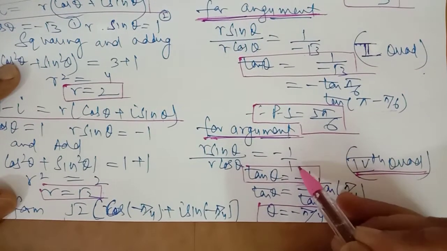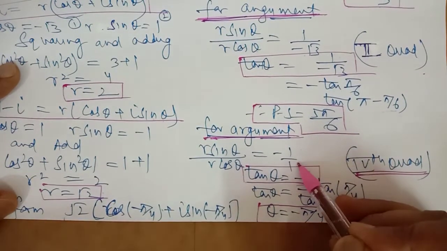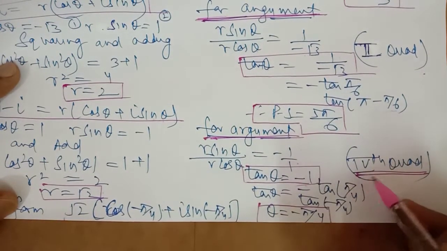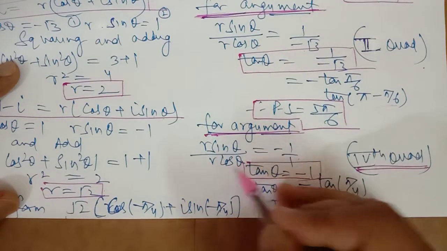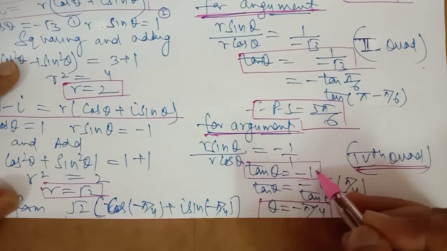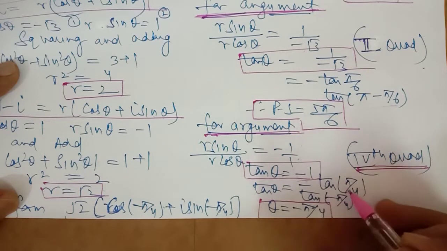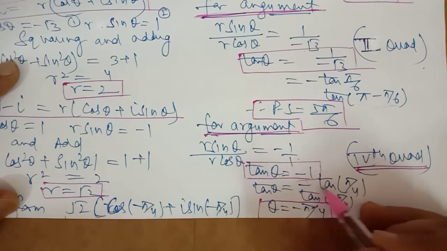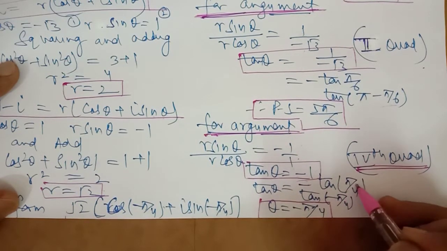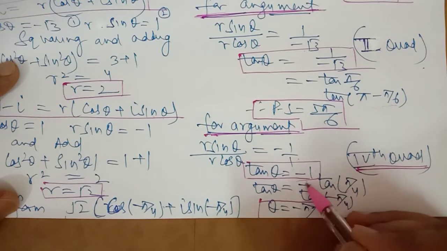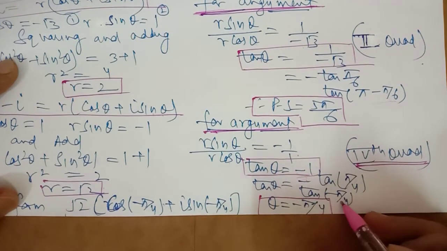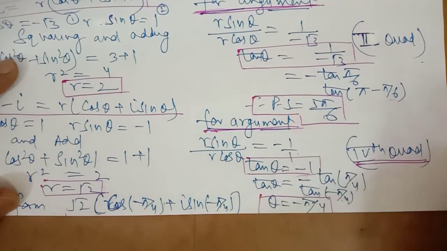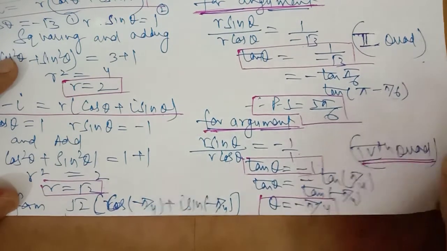Because sin theta is negative and cos theta is positive, this will lie in the fourth quadrant. So tan theta is equal to minus 1. You have to convert it into the fourth quadrant: minus tan 45, so you can write tan of minus pi by 4, since tan of minus theta is equal to minus tan theta. Therefore, theta will be equal to minus pi by 4, which is the principal argument of this complex number.